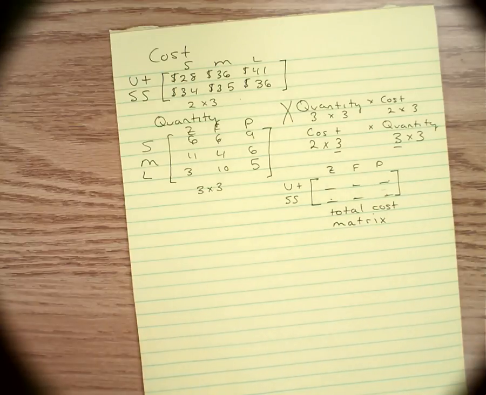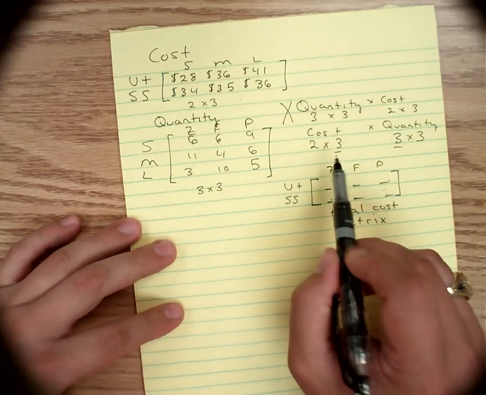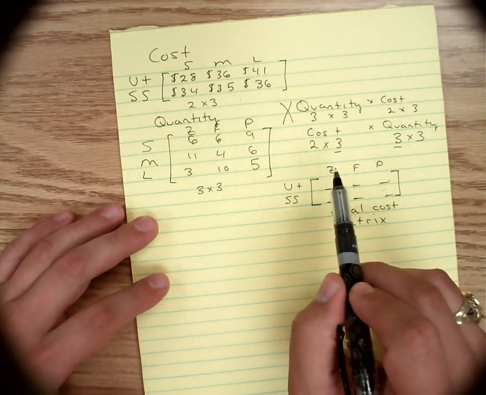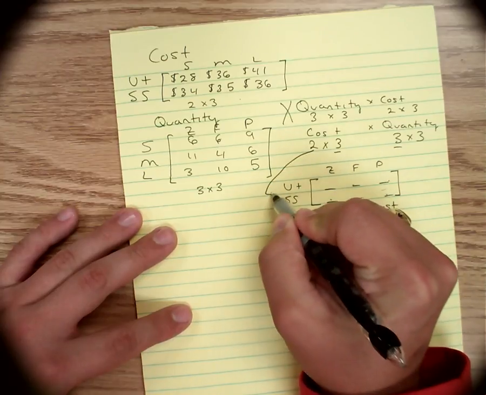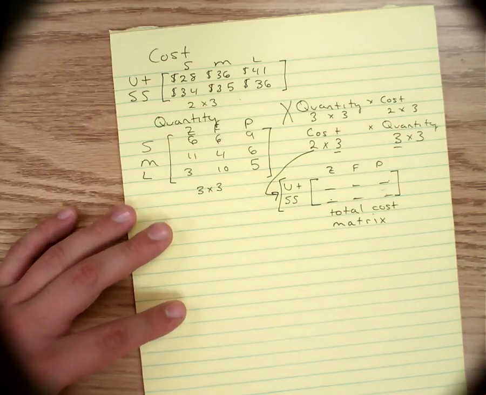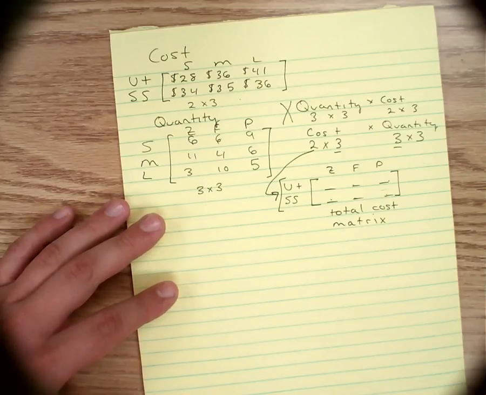So what I'm getting at right now is that you have to be careful and understand the context of what these mean, and where you get the resulting rows and columns from. The rows come from the rows of that first matrix. Do you see that? Because there's 2 rows.